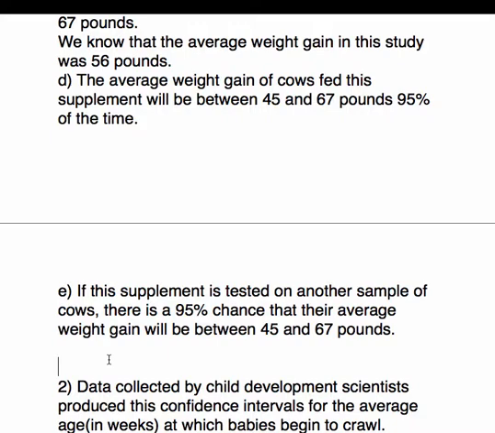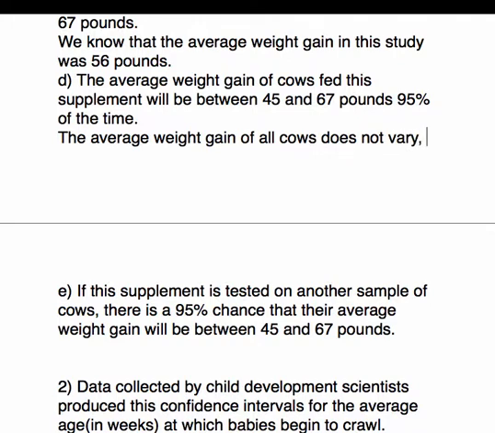Well, the average weight gain of all cows does not vary. It's what we're trying to estimate.